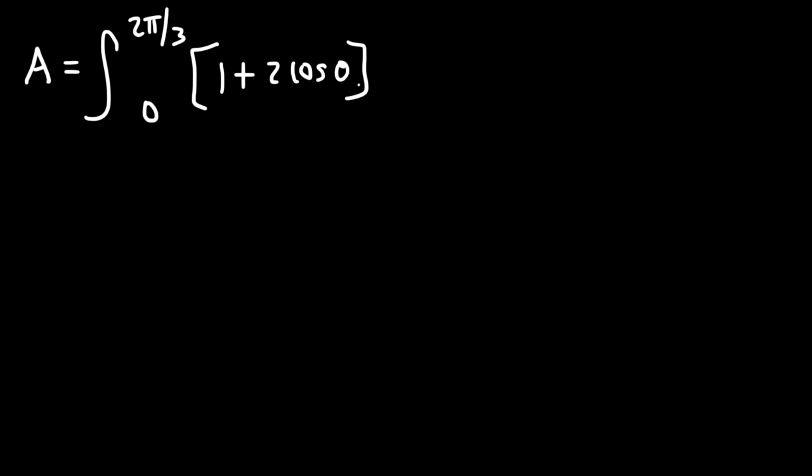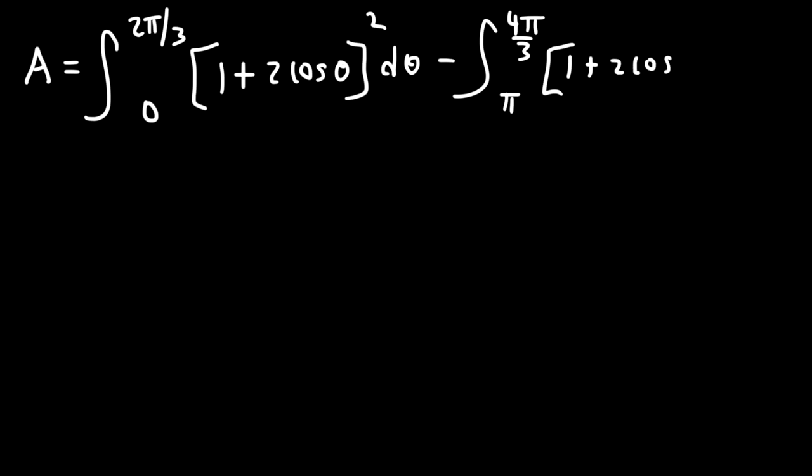Therefore, we could say that the area of the shaded region is going to be the integral from 0 to 2 pi over 3 of 1 plus 2 cosine theta, rather, squared d theta, minus the integral from pi to 4 pi over 3, 1 plus 2 cosine theta squared d theta.